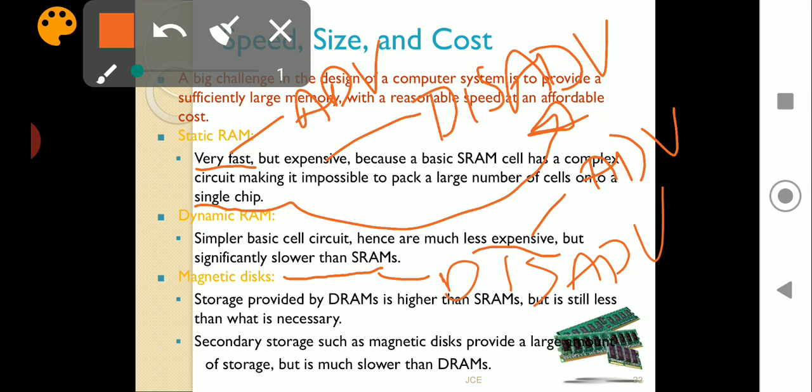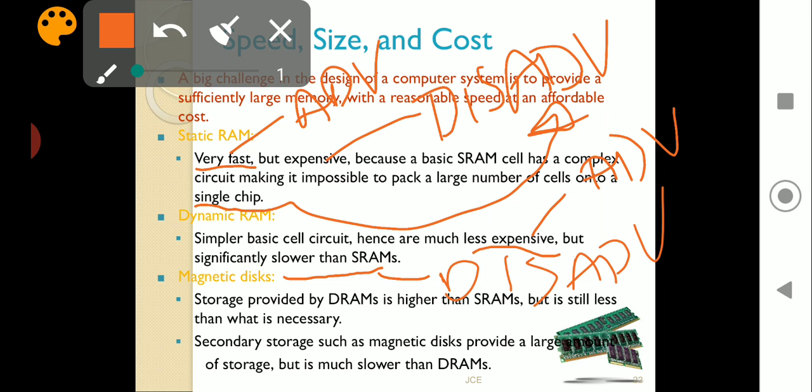Fine. Now, coming to the next very important thing, that is magnetic disk. The storage capacity in DRAMs is higher than SRAMs, but it is still less than what is necessary. That means DRAM has a higher capacity, but it is still less than the necessary requirement.